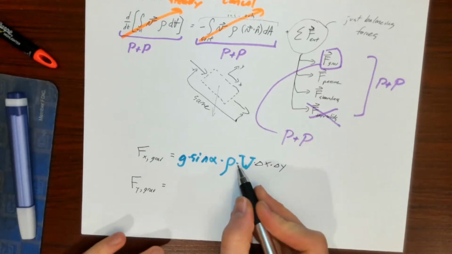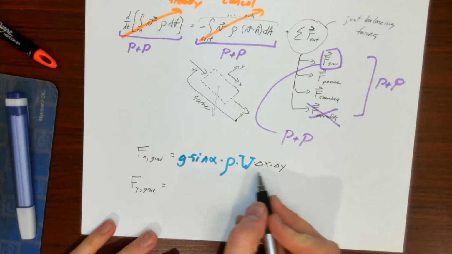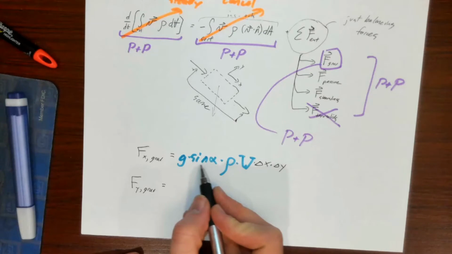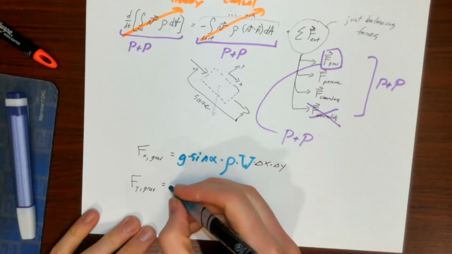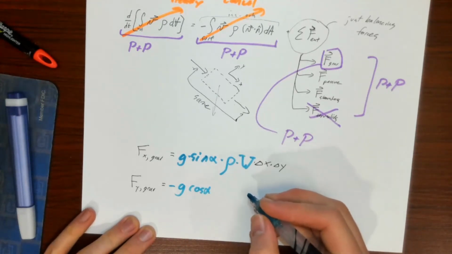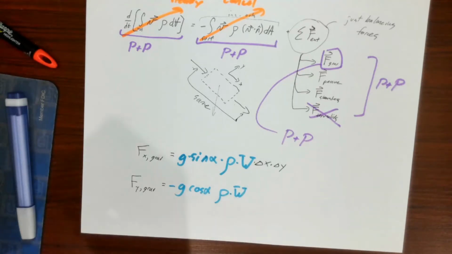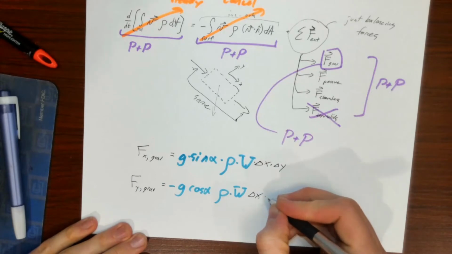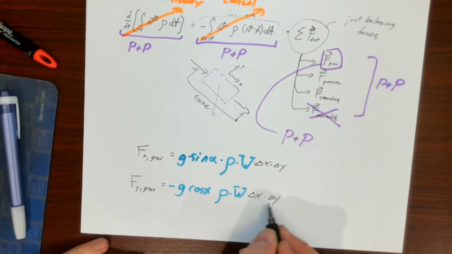Where this is the volume, multiply the volume by density to get the mass, multiply that by G, but take just the X component of that. And then for the Y component, we get minus G cosine alpha times density times W times delta X times delta Y, where again, the volume times density gives us mass.